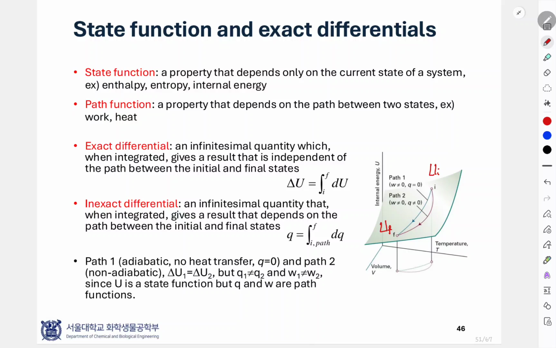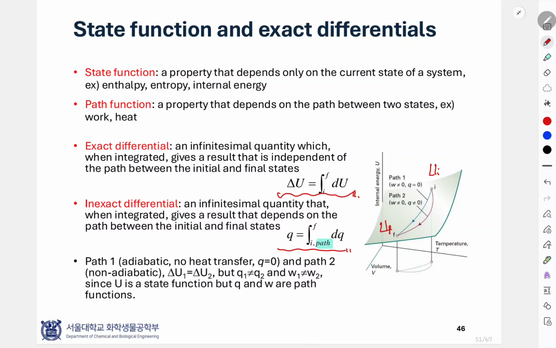So for the internal energy, the overall change is the sum of all these infinitesimal changes along the path, like delta U is the integral of dU from initial to final. In this case, we call dU the exact differential, which is an infinitesimal quantity that, when integrated, gives a result that is independent of the path between the initial and final state. Let's see the heat here.